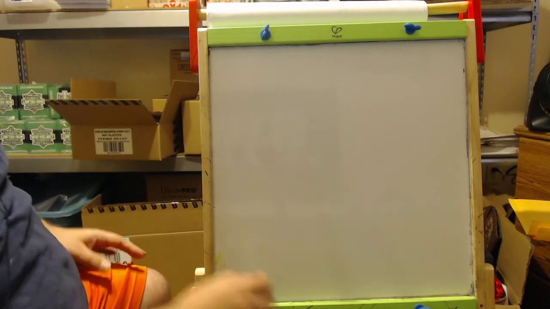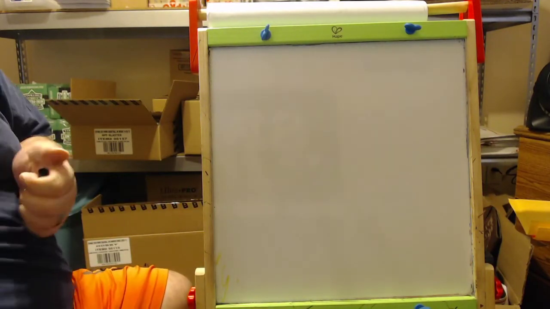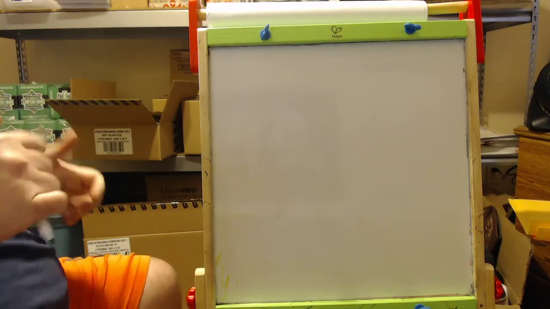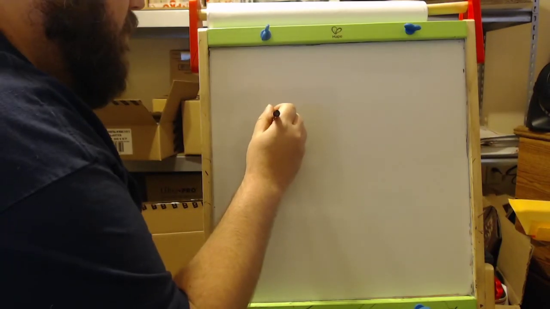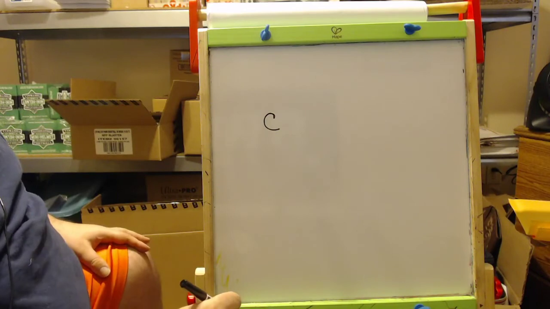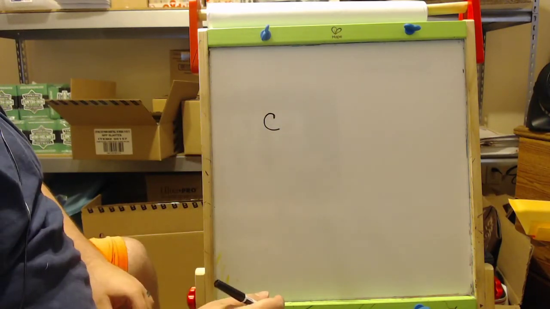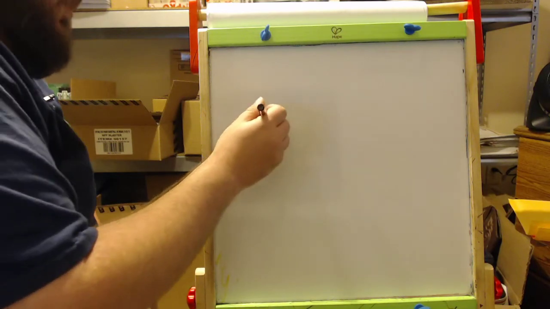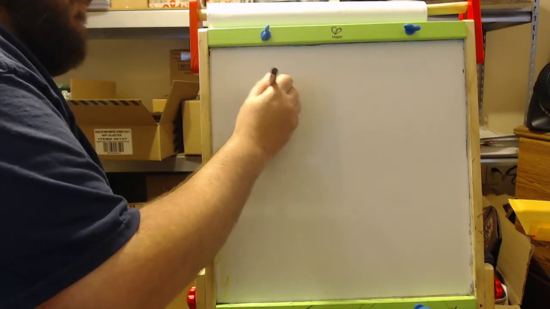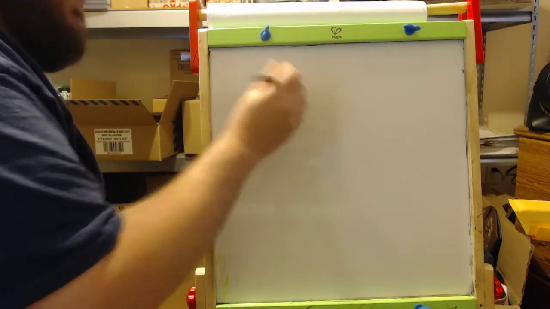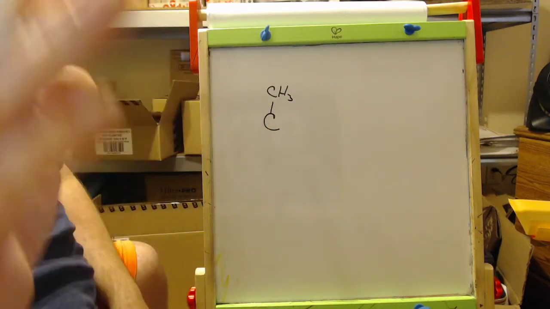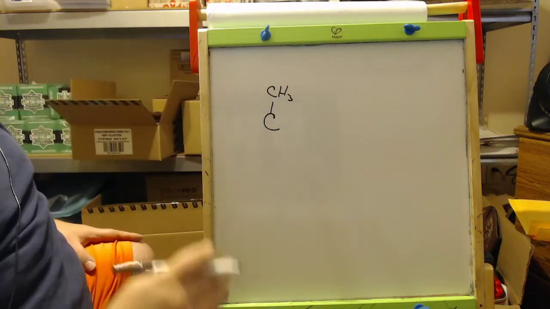The first thing to do is draw your carbon, like so, that has the 4 different groups on it. In 2-butanol, there's a methyl group up here. Now we have to draw it in the dash and wedge form.